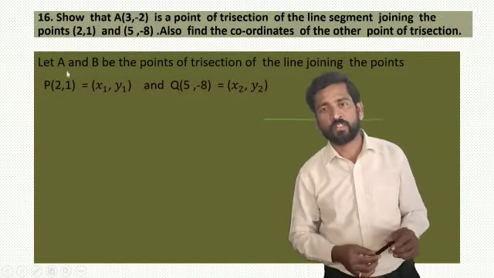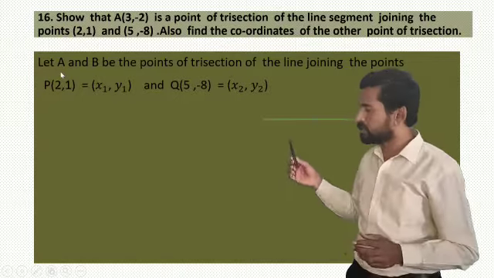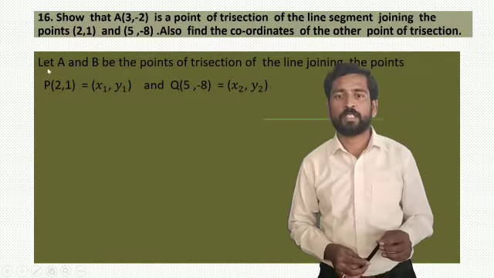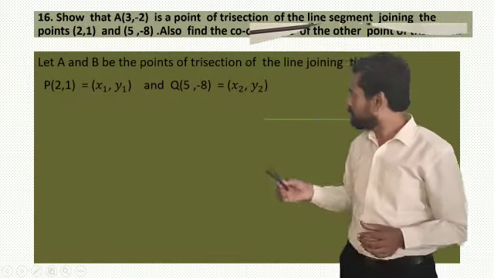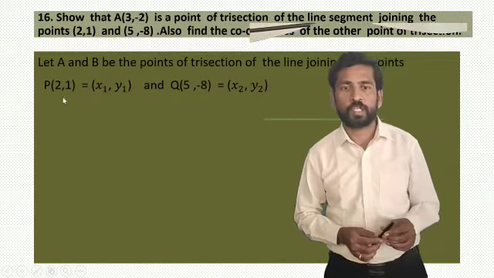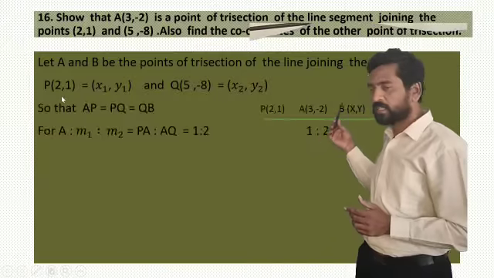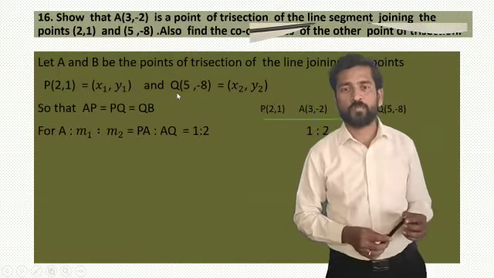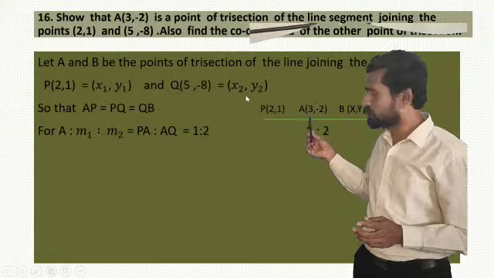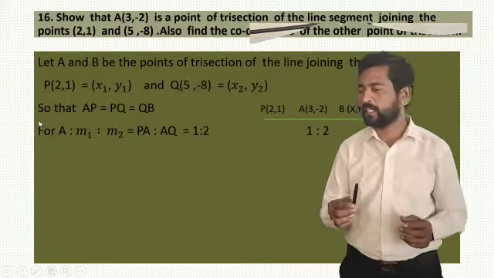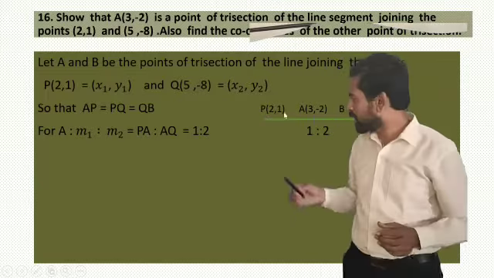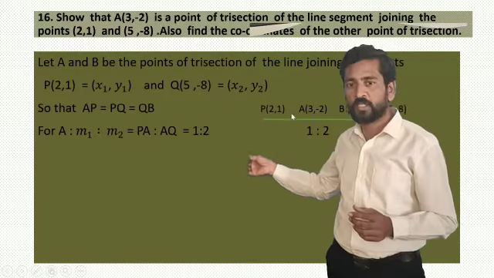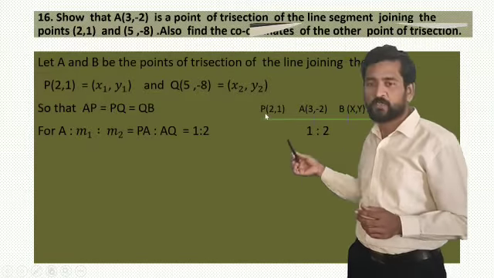Then we have to find the new point B. Now let us consider A and B as the points of trisection of the line joining the points. Now first point we take as P (2, 1), x1, y1, and another end of the point Q (5, -8), x2, y2. You can see in the diagram P point is taken as one end, another end of the line segment Q of (5, -8), and between those two points A and B, points of trisection.